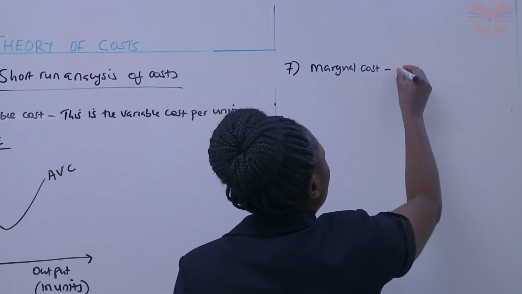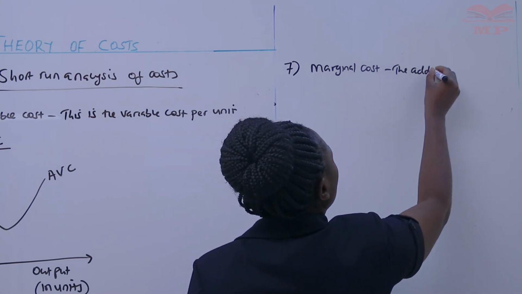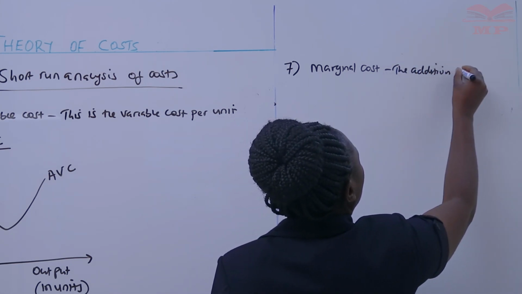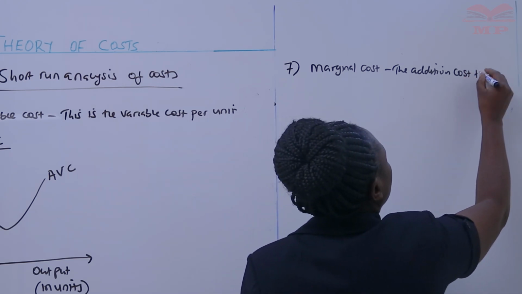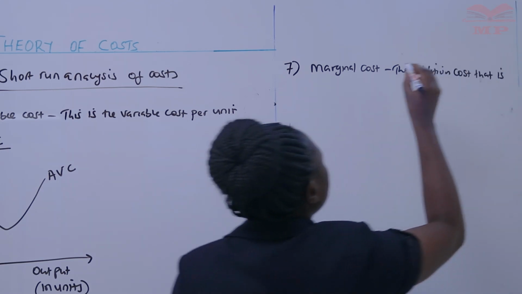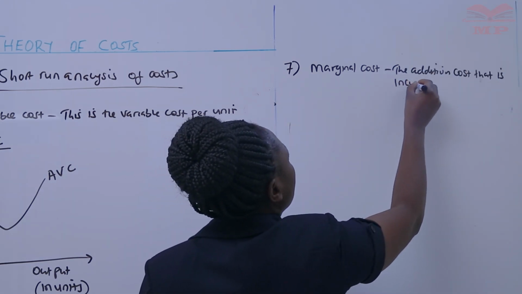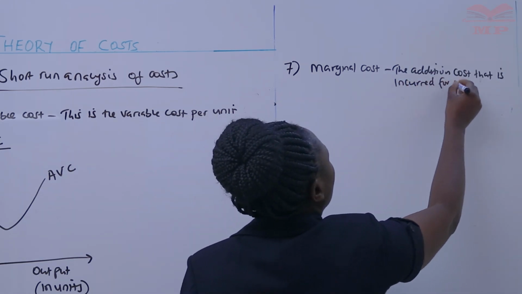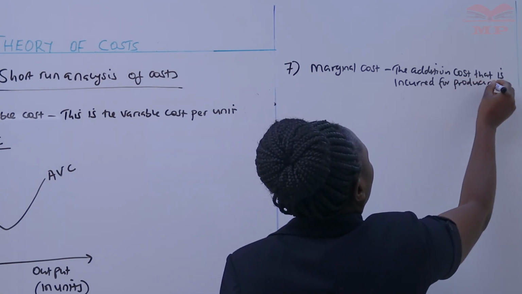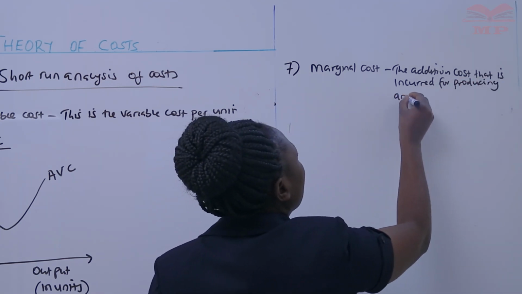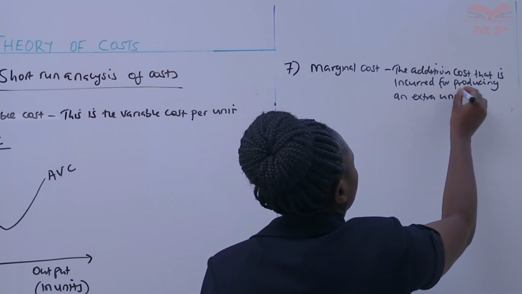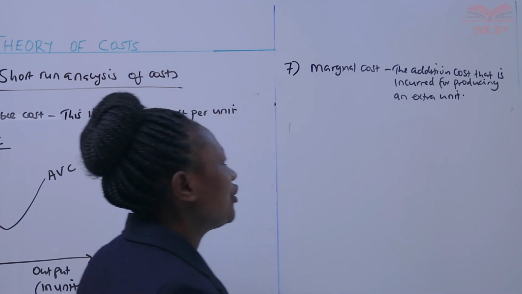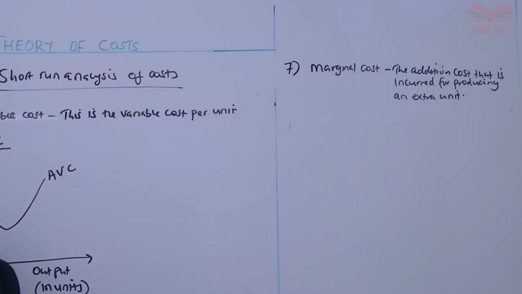So it is the additional cost that is incurred for producing an extra unit.